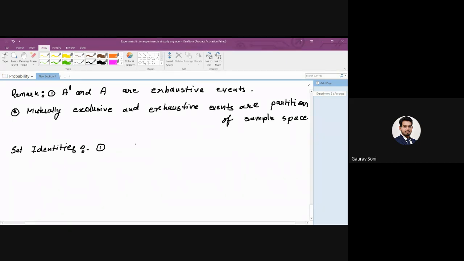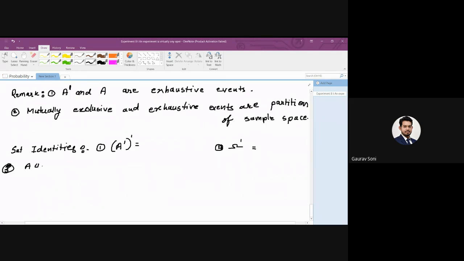The first one, A complement complement. Second, A intersection A complement. Third, these are very simple. You will not require so much time.